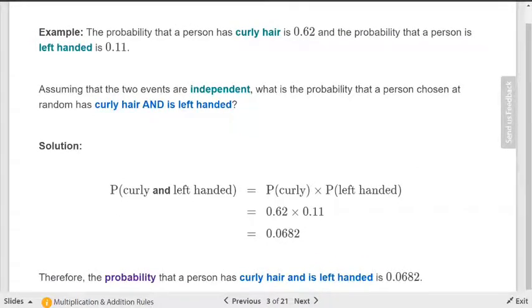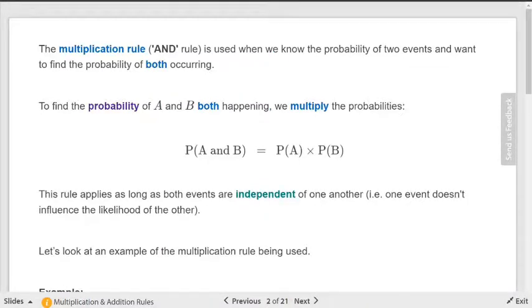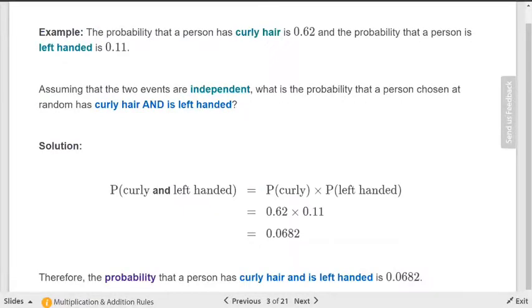Here's just a simple one. The probability that a person has curly hair and is left-handed. They give you the probabilities, right?